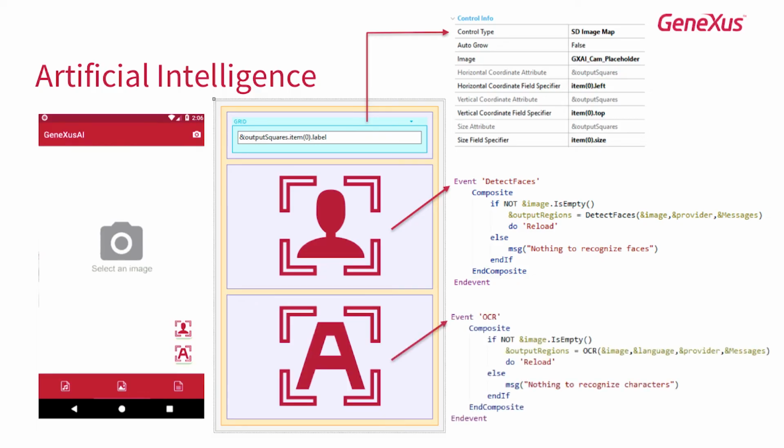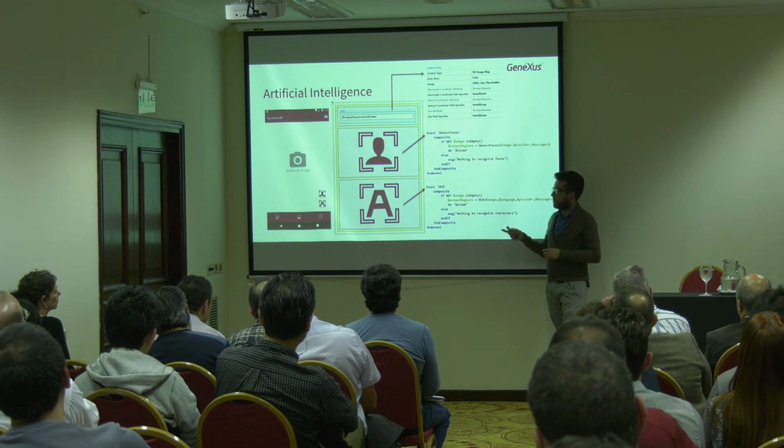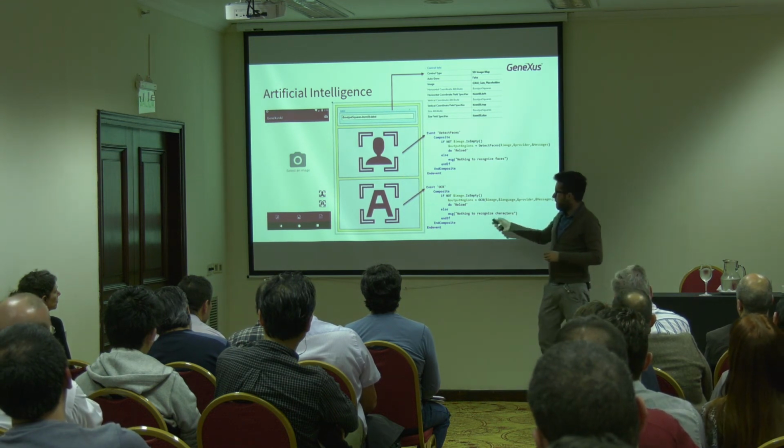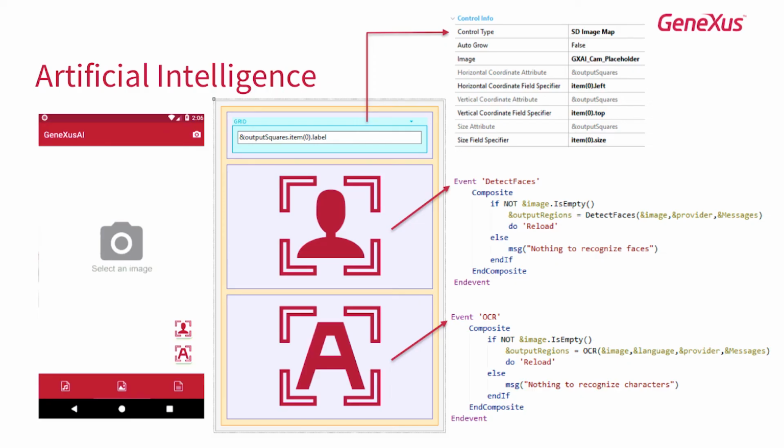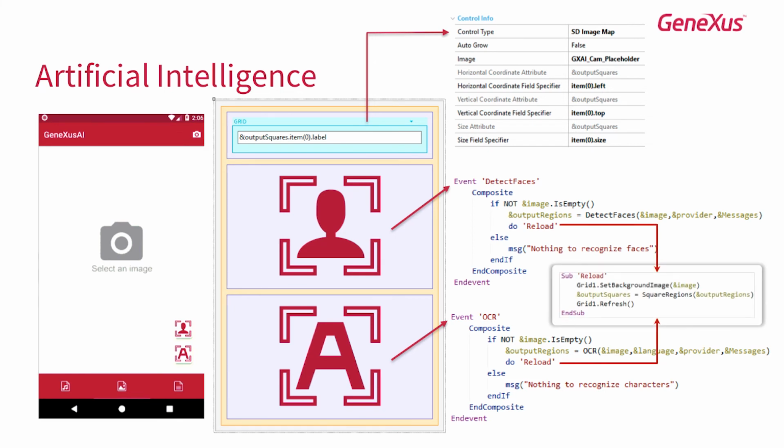And for the case of OCR, I apply OCR on the image. The source language is English, and we do reload. What is this reload? As I said, this grid allows me to set an image as a background to this grid.